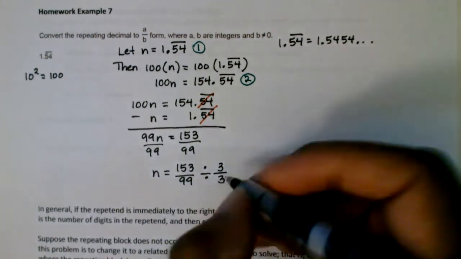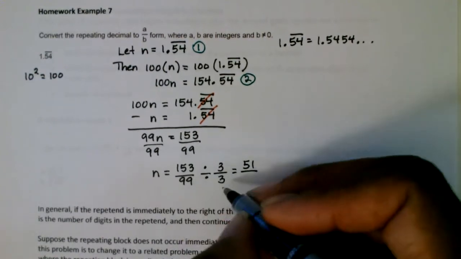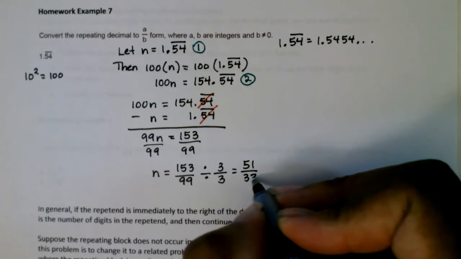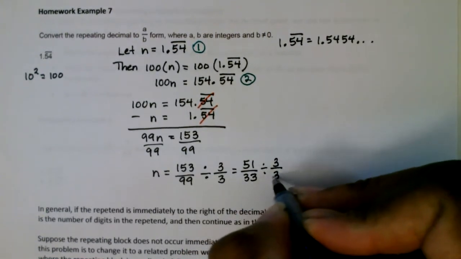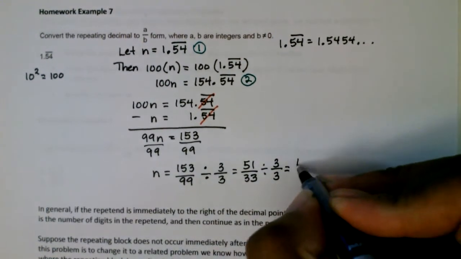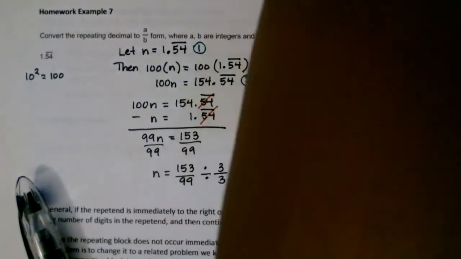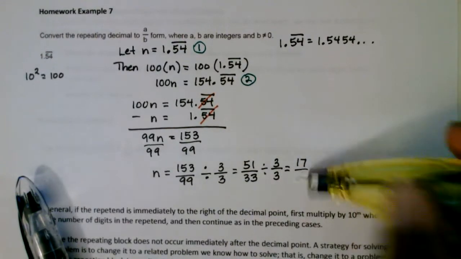The numerator will be 51, the denominator will be 33, and I would reduce that again. Now I should have used 9. So this will be 17 over 11, because 3 goes into 33 11 times.